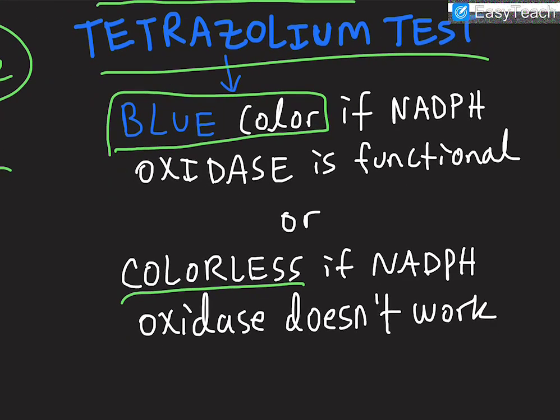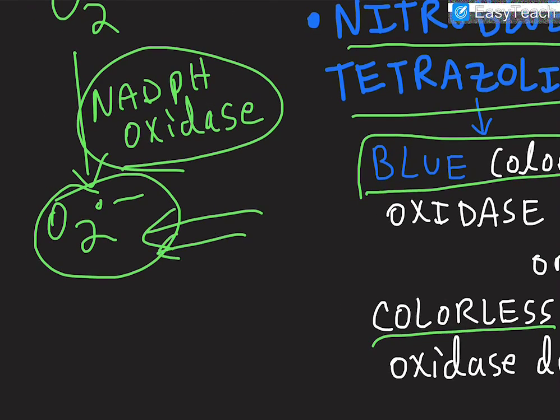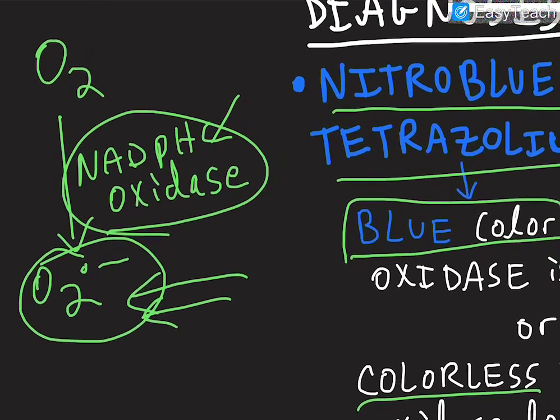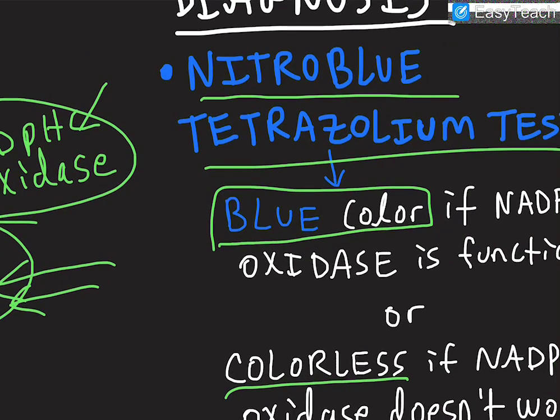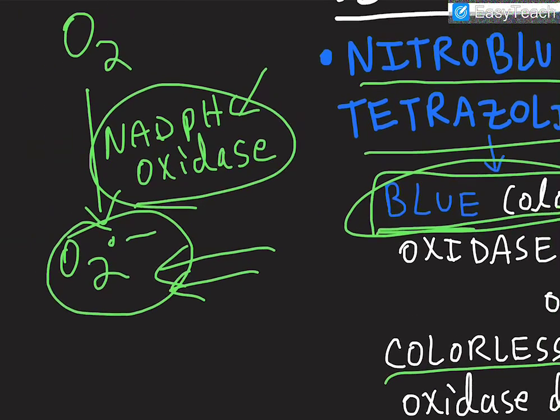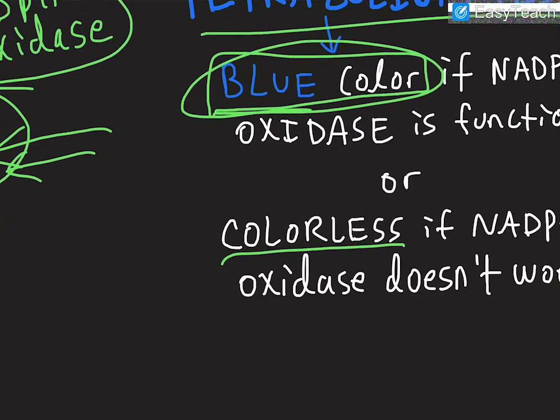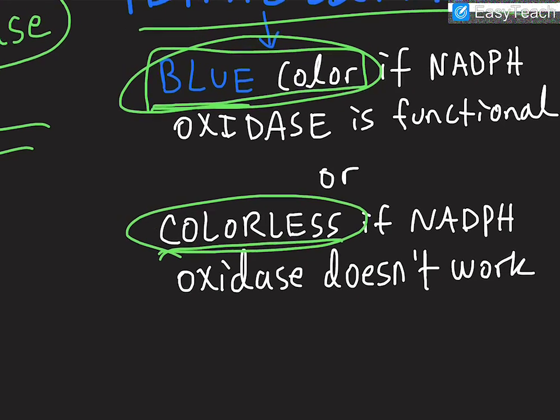We will have a colorless solution if the NADPH oxidase doesn't work, because you can never form the superoxide if this enzyme does not work. So if it does work in the nitro blue tetrazolium test, you will see the blue color. But if it doesn't work, then you will see no color, a colorless solution, if the NADPH oxidase does not work.